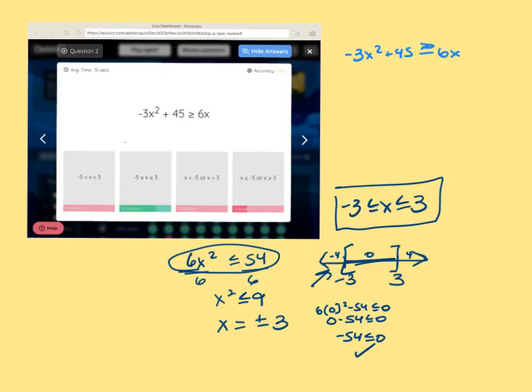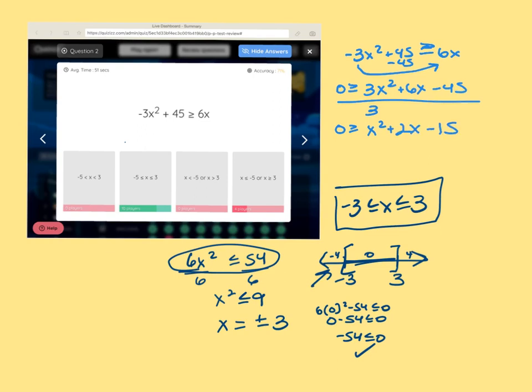You're going to have to get everything to one side. I would move the 3 to the right so it's positive. So I get 0 is greater than or equal to, this would be a positive 3x squared plus 6x, because that's already positive, and then move the 45 so it's negative 45. You can actually divide all this by 3 and make your numbers a little bit easier to deal with, because then the number on the front is just 1. And then when I factor this, it's x plus 5 and x minus 3.